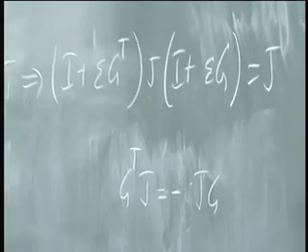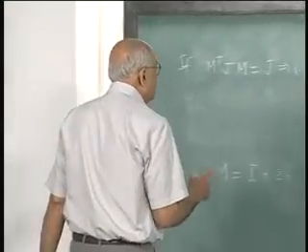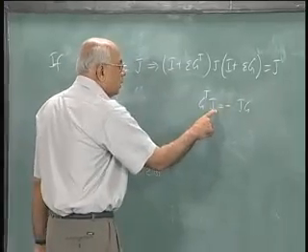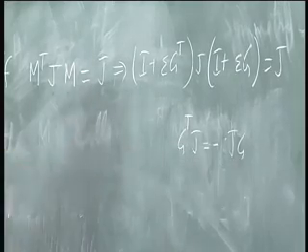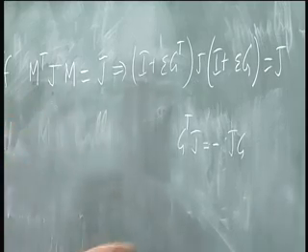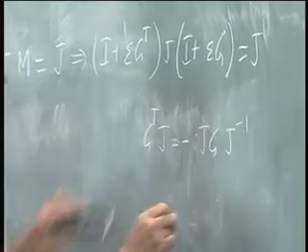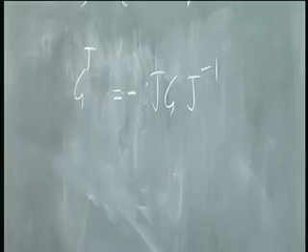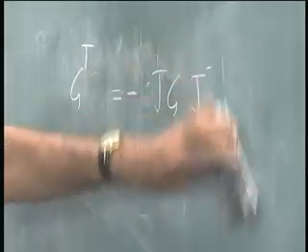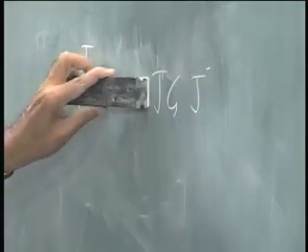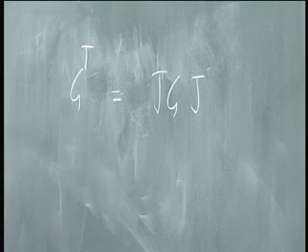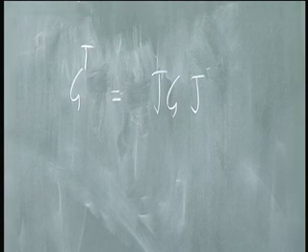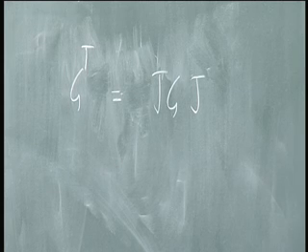So symplectic transformations are generated by matrices which satisfy this property. G transpose J is minus JG, and let us take the J to the right hand side. So this becomes J inverse, but J inverse is minus J, therefore this. So the generator of a symplectic transformation, the infinitesimal generator, must satisfy this condition.